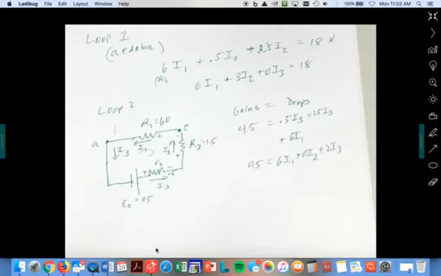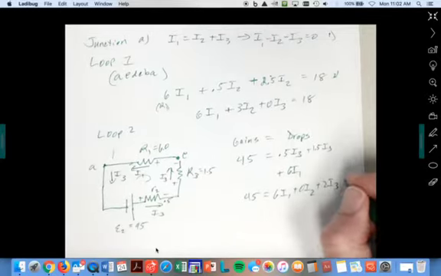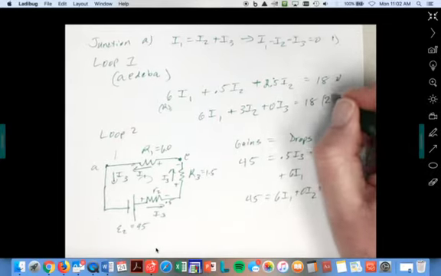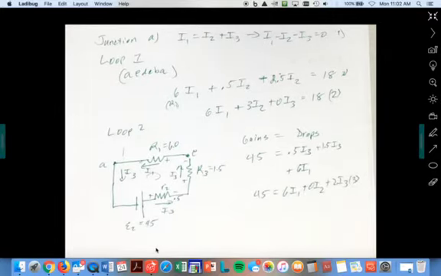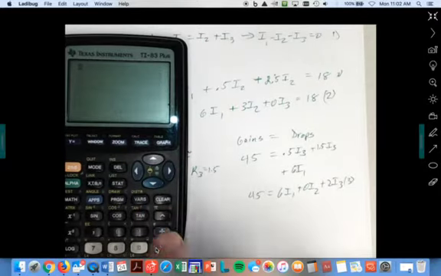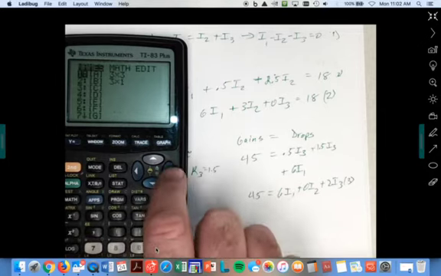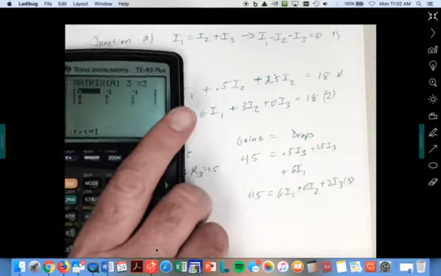All right, so I'll just put those into my calculator, 3 by 3 matrix. So here's equation 3, here's equation 2, and here's equation 1. All right, so we'll just put them in like that. I1 is equal to I2 plus I3. Remember, if we come up with it going the wrong way, then we're fine. We're still okay. So we're going to edit matrix A, which is our 3 by 3 matrix.